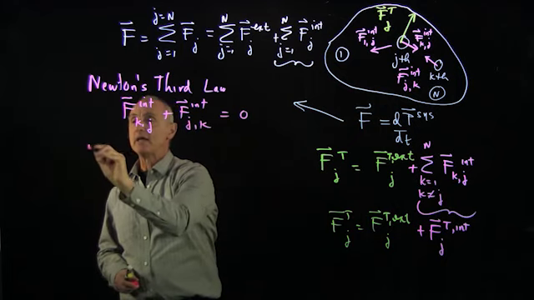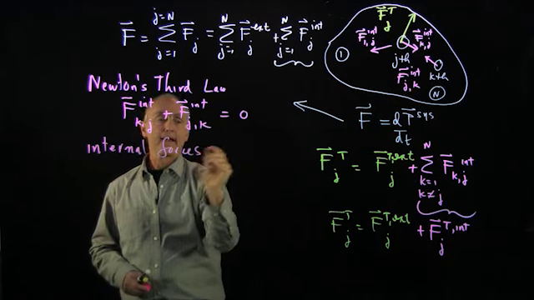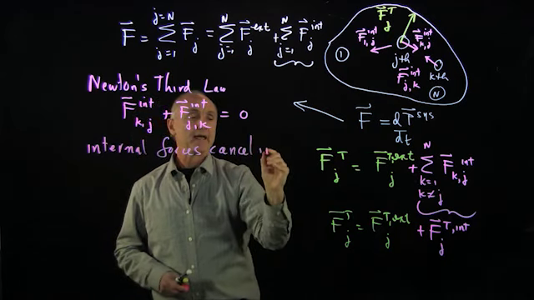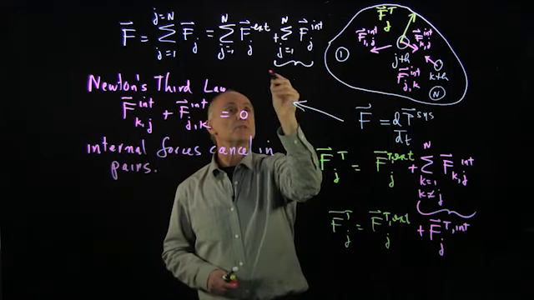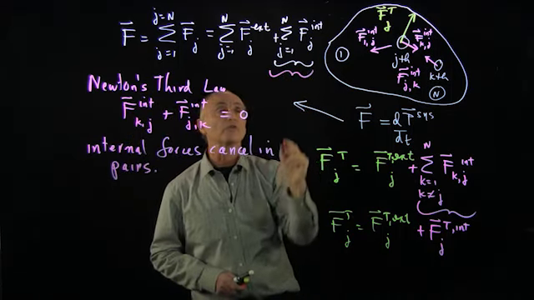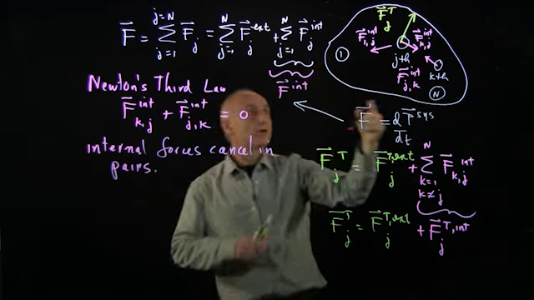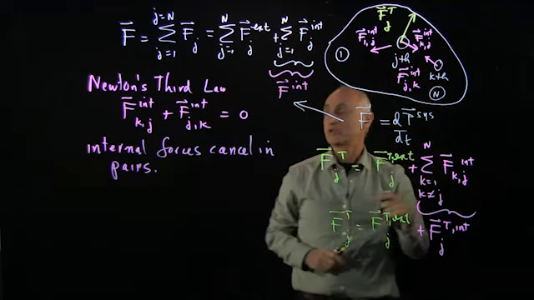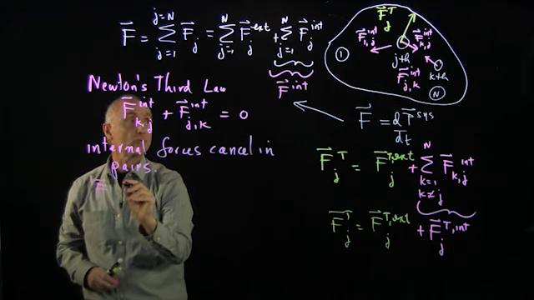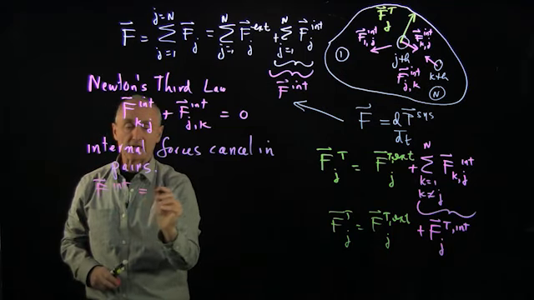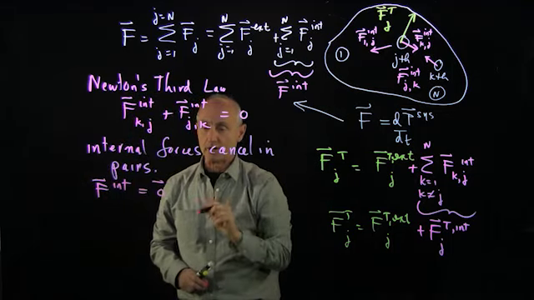This is a statement that internal forces cancel in pairs. And so when I look at this total internal force, which is the sum of all of these pairs of internal forces, I can see that the total internal force has to be 0. So internal forces cancel in pairs.